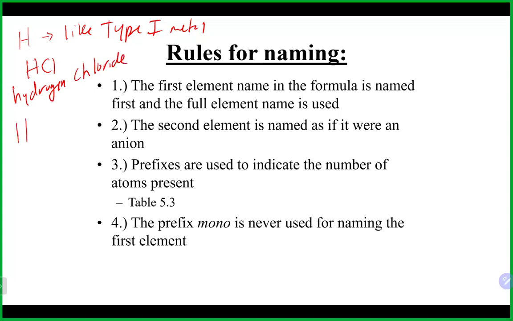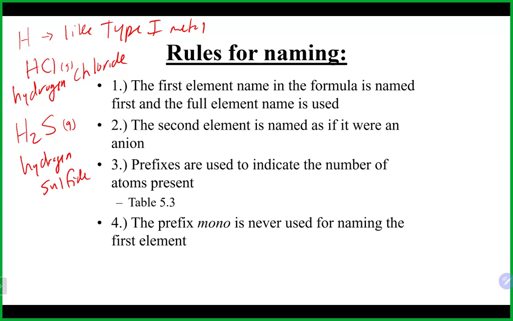If you had H2S, for example, and these were gases perhaps, this would be hydrogen sulfide. So it doesn't matter if there's multiple hydrogens or anything like that. We don't use a prefix with it. So hydrogen is kind of unique in that case.